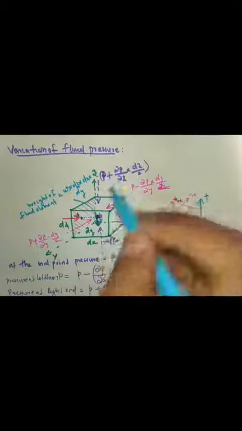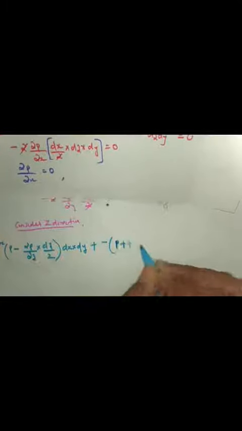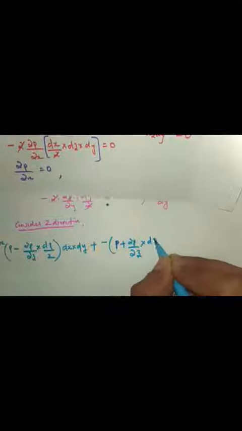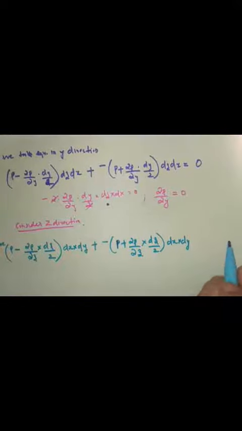The other force is in the negative direction, minus of P plus dou p by dou z into dz by 2, into dx into dy. In all other cases we equate this to 0, but in this case we have one more force, in the negative direction.